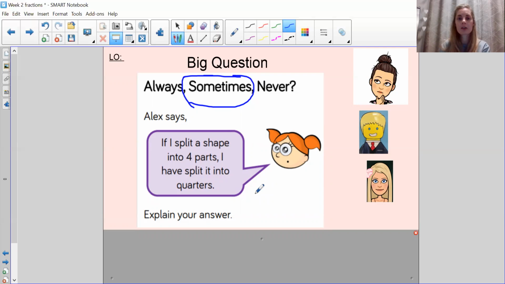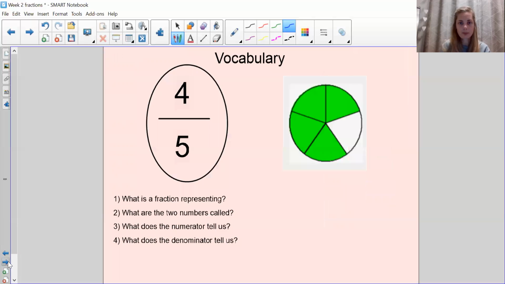But this question here does not give me the exact terminology, the exact wording. So I don't know if I've simply taken, let's say, a bar, and this is going to be a very bad representation, but you'll understand. And there I have divided into 4 parts. But I cannot call each block a quarter because they are not equal in size. So in order for something to be a quarter, it needs to be equal.